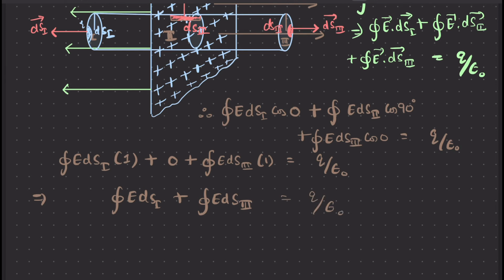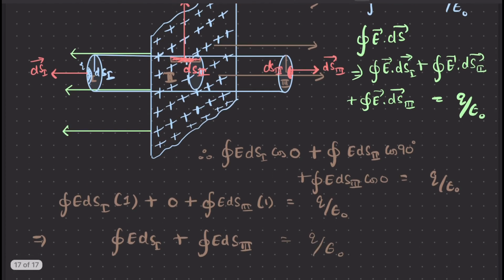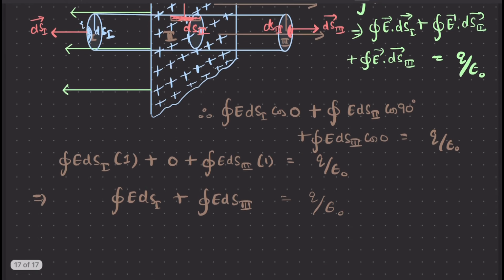From the diagram, it is clear that ds1 represents a circular portion of the cylinder, ds3 is also a circular surface of the cylinder, and both these surfaces are the same because we have taken a uniform cylinder. Therefore I can say that ds1 is equal to ds3, and we can write it as ds.